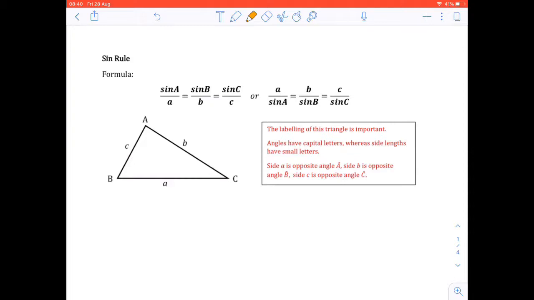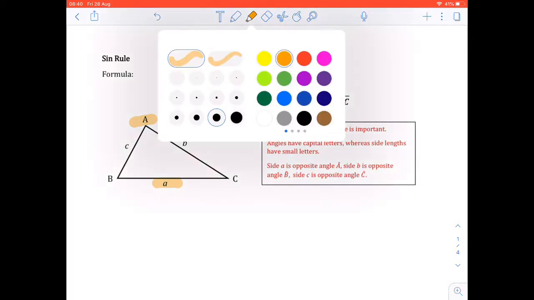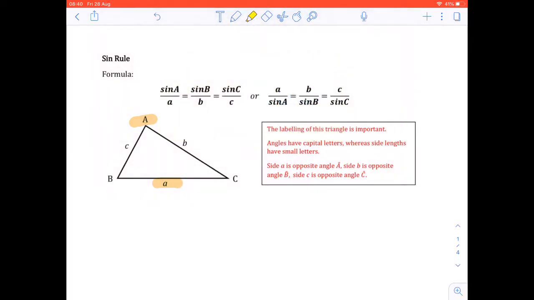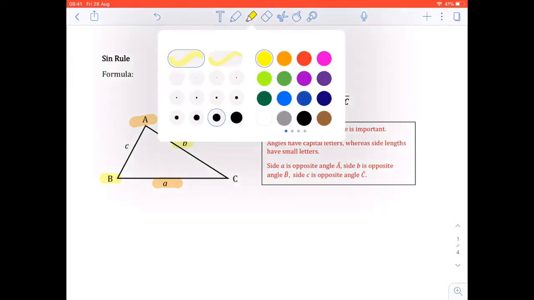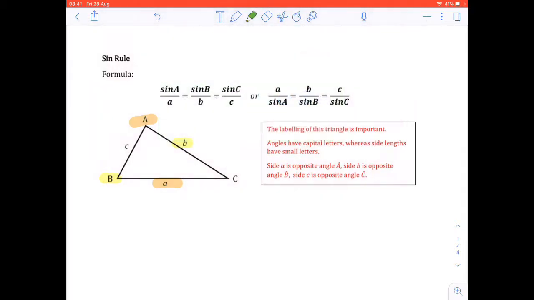And you'll notice that the angle name, capital A for example, sits opposite the side that we label as small a. Likewise, angle B sits opposite side b. And of course, angle C sits opposite side c.